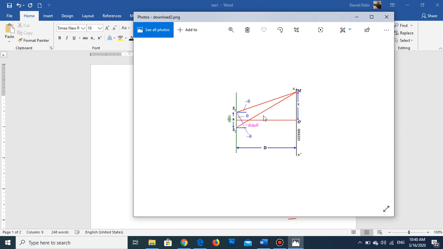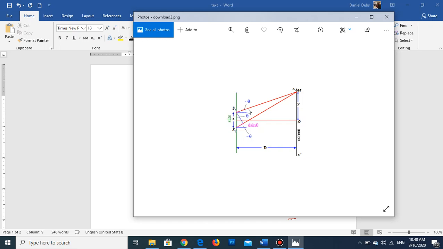It is important to know that the nature of M is decided by whether a maximum from S1 meets a maximum from S2, or a minimum with a minimum.